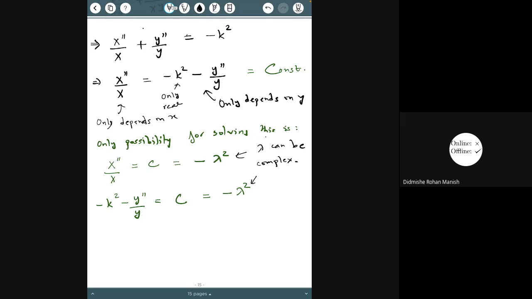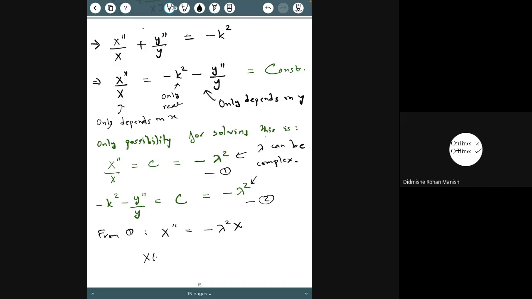But why we are writing it in minus lambda square form is because we want to use the solutions from the 1D problem. So if I write it as minus lambda square, then this equation, let's say I call this 1 and 2, then from 1, x double prime is equal to minus lambda square x, which looks exactly like my 1D problem.